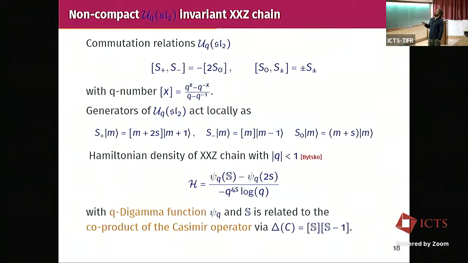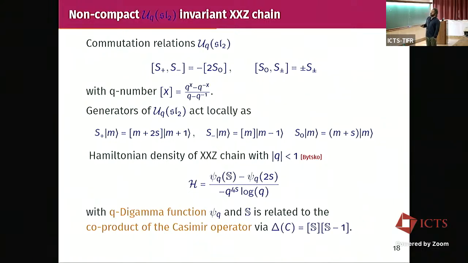Instead of sl2, you have U_q(sl2), and the generators satisfy these commutation relations, where you now introduce the q-number, that is this bracket here. It's kind of standard, I think. Then the action of the generators is this one. You see again just these brackets appearing, and everything else remained more or less unchanged. The Hamiltonian density was found by Bitsko. It has again the gamma function here, which is a normalization that you can forget about.